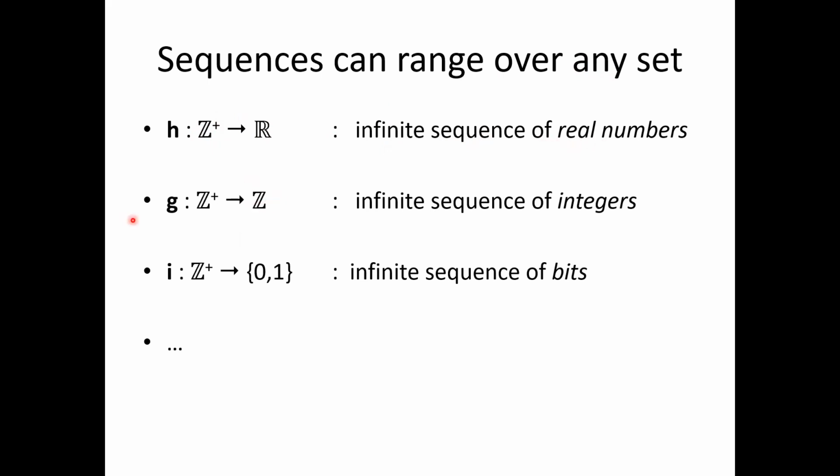Here, this G is some infinite sequence whose elements are integers. You can also have sequences of bits, or bit strings. If you define the range as {0, 1} to the power 8, the range would be 8-bit strings. So at every index, you have some 8-bit string, right?